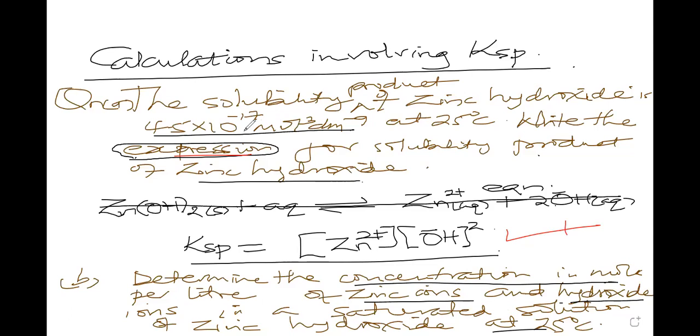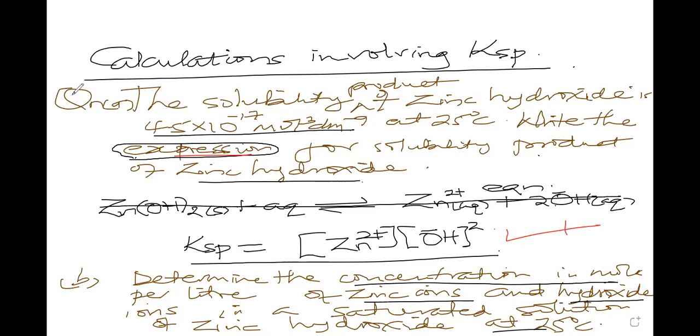So what we are supposed to do here is a very simple approach. We are going to write the expression for solubility product and then substitute the value of the solubility product so that we get the concentrations of these ions.